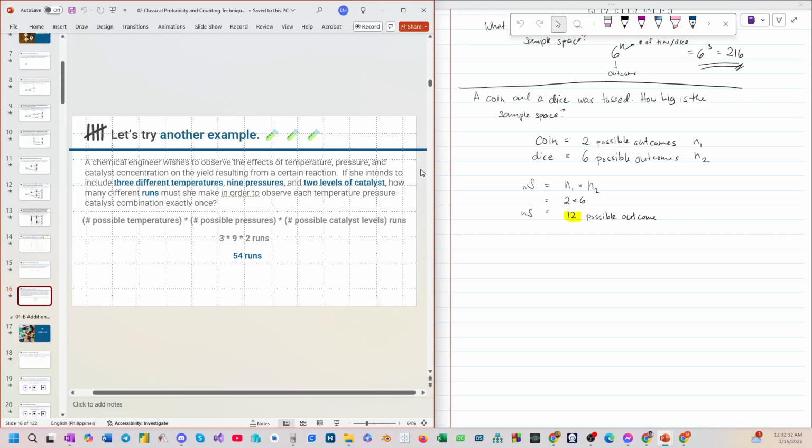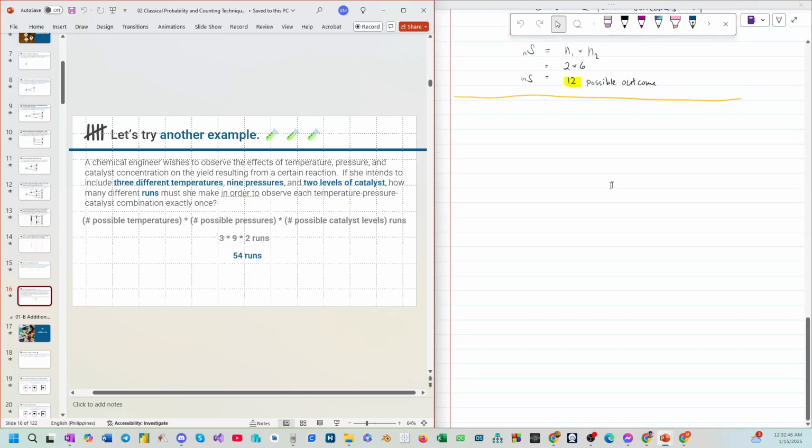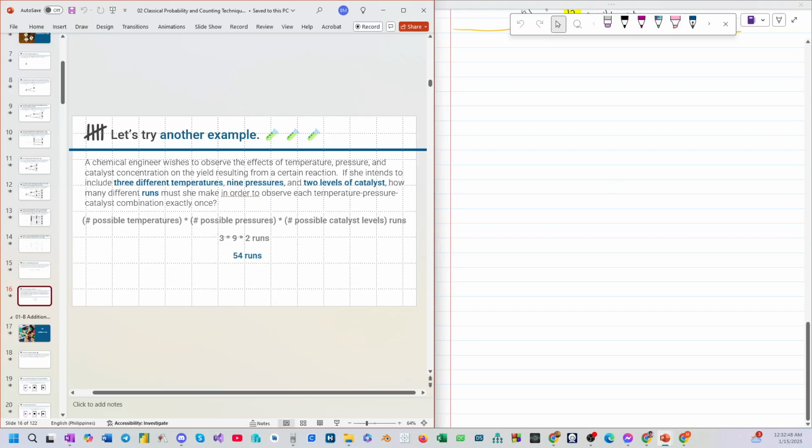A chemical engineer wishes to observe the effects of temperature, pressure, and catalyst concentration on the yield resulting from a certain reaction.